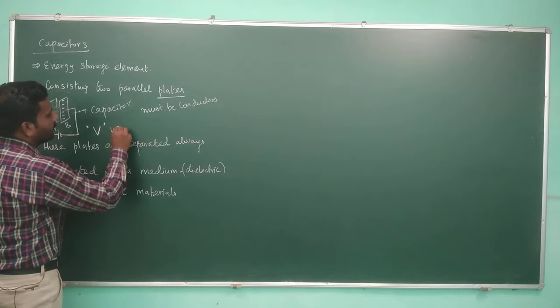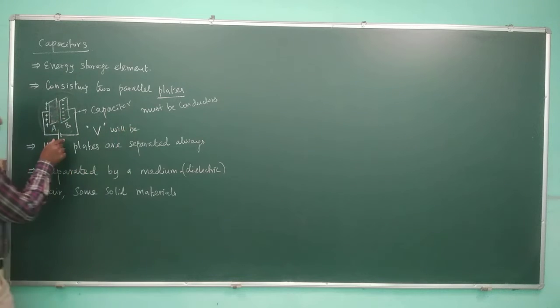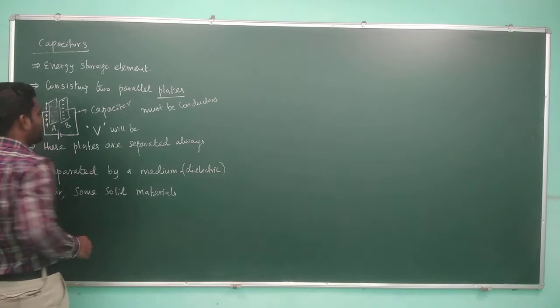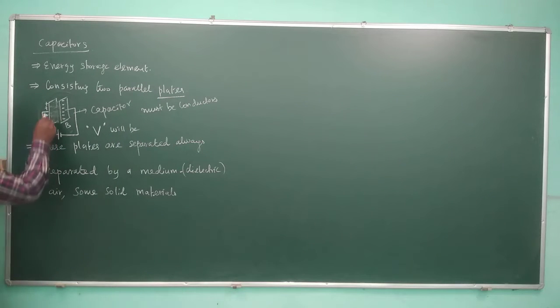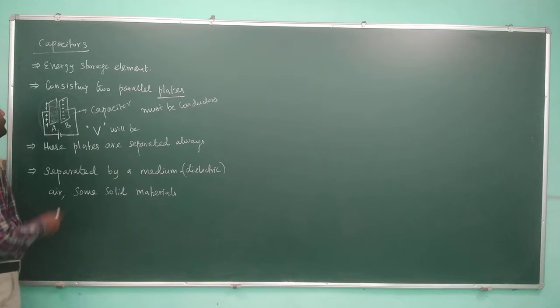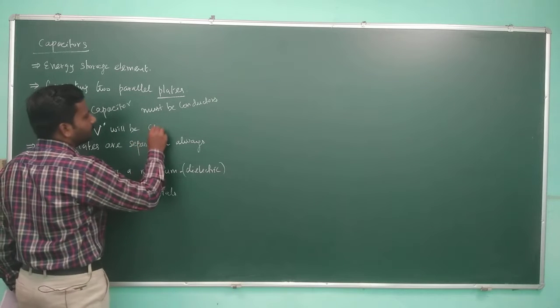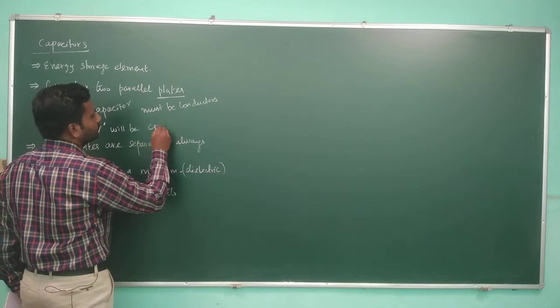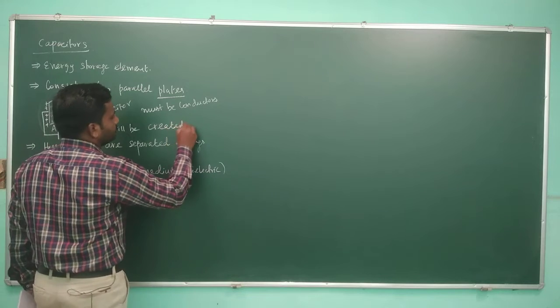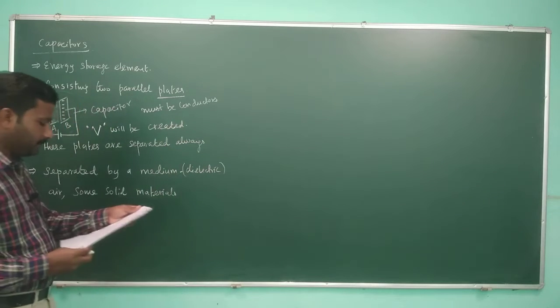Potential V will be created when we apply an external power supply to these two plates, which we can denote V. How is it created?